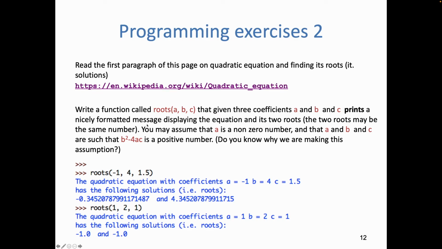The 2 roots may be the same number. Here you may assume that A, the first argument, is a non-zero number, and A, B and C are such that B squared minus 4AC is a positive number. This is the assumption for this exercise.